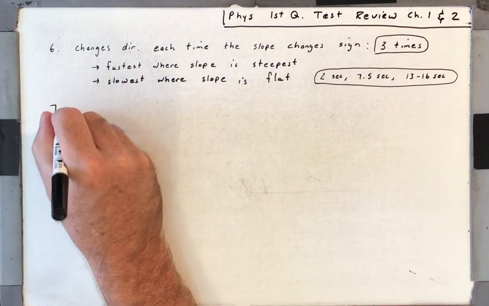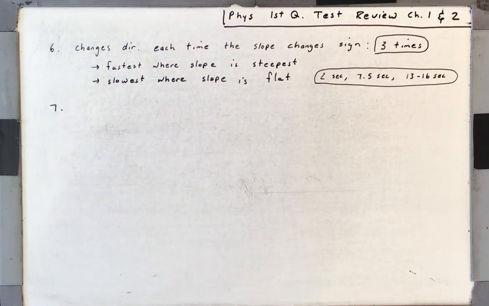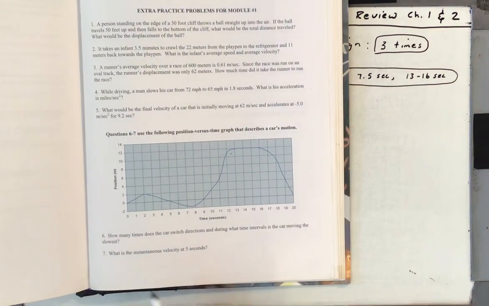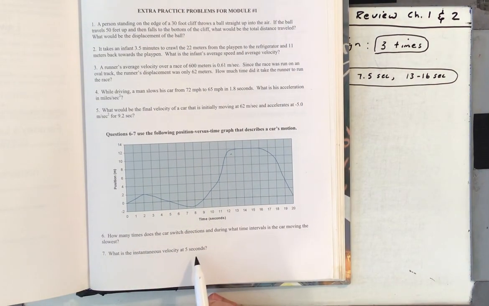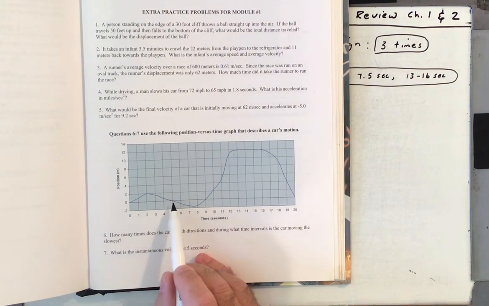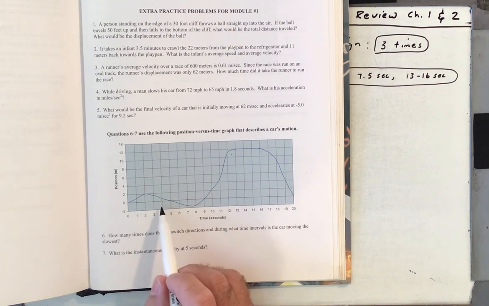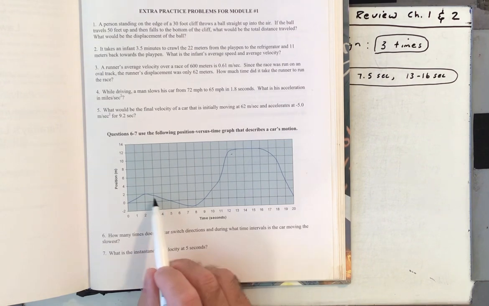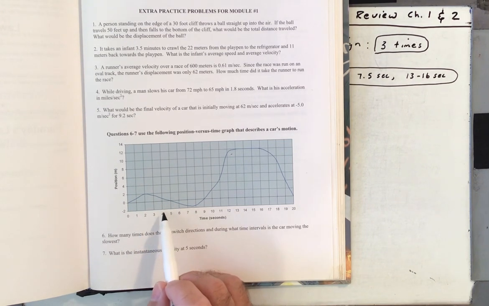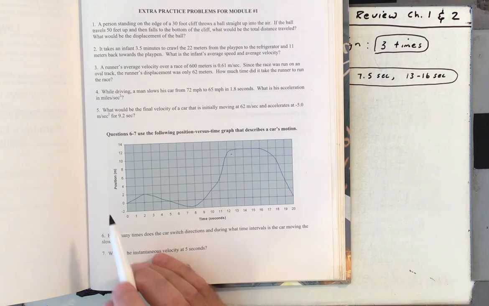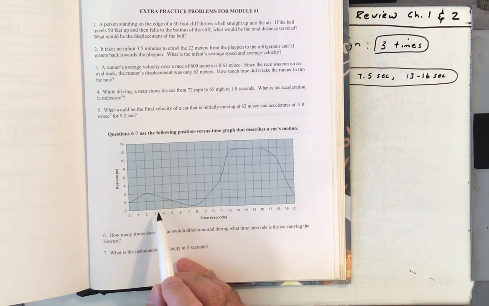Number 7 says, what is the instantaneous velocity at 5 seconds? That means we're going to have to get the slope of the line. We need to choose a portion of the line that includes 5 seconds, and it needs to be a pretty straight part of the line, where you can easily read the graph.